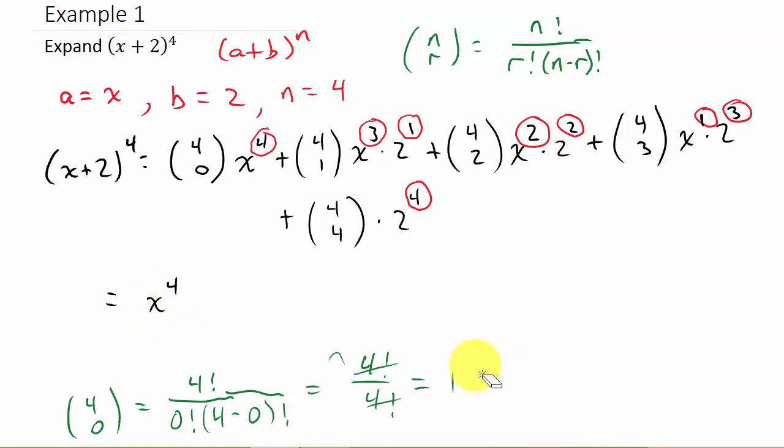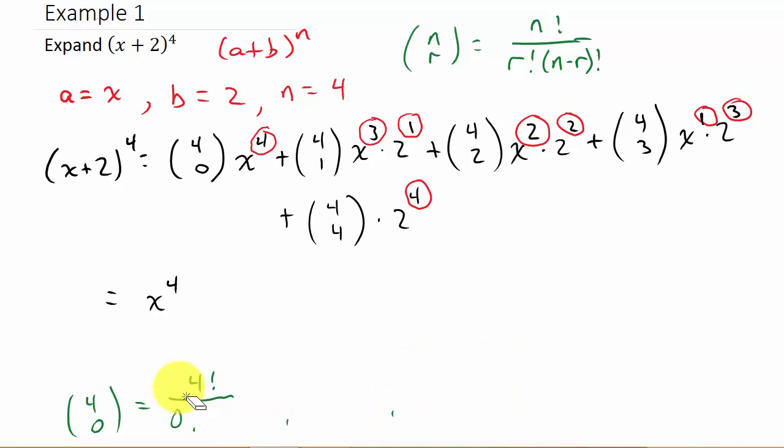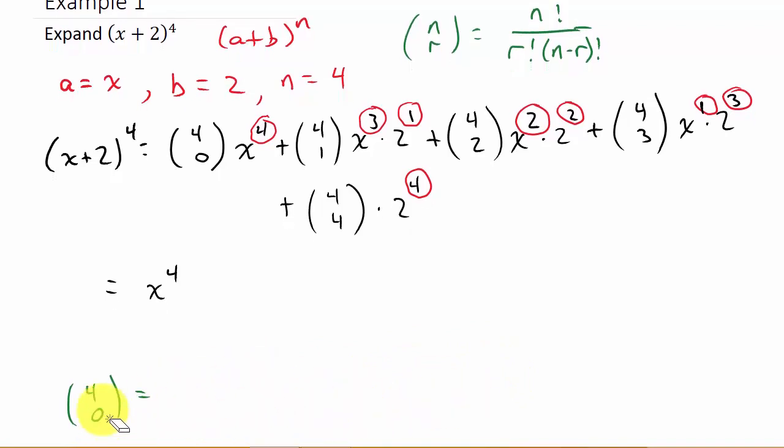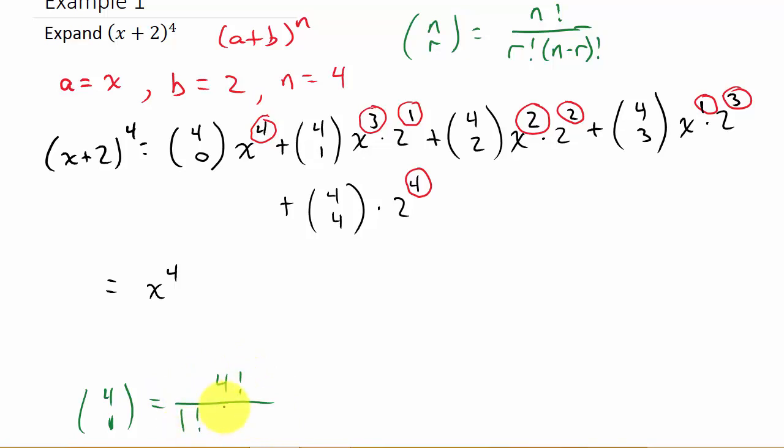Now let's do another one. Combination 4 choose 1. So this is going to be 4 factorial over 1 factorial times 4 minus 1 factorial. So 1 factorial is just 1, and so that's going to be 4 factorial over 3 factorial, because 4 minus 1 is 3.